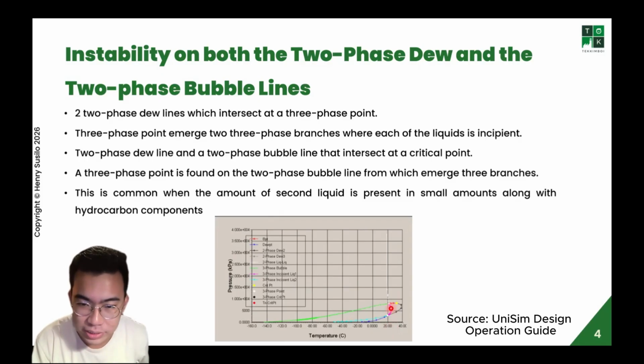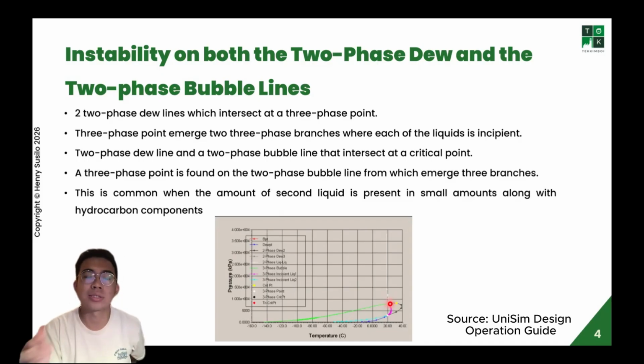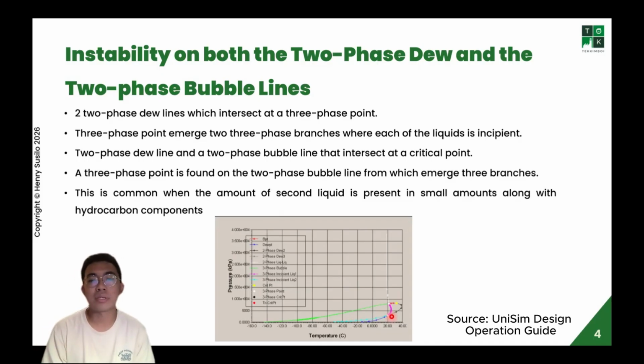The first one is on the dew line, and the second one is on the bubble line. So that's why it's called instability on both the dew and the bubble. And this critical point will emerge 3 branches as you saw. This scenario commonly happens when the second liquid, such as water, is relatively small compared to the hydrocarbons.